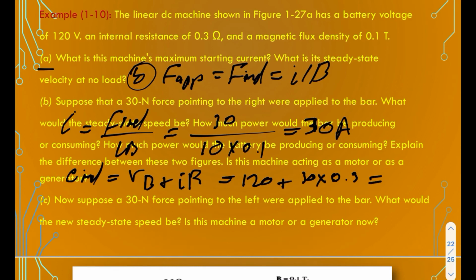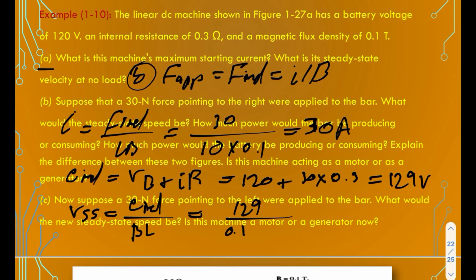So it will be 129 volts. Now the final steady state V_SS is equal to E induced over BL. With the same voltage, 129 over 0.1 multiplied by 10, the answer will be 1290 meters per second.